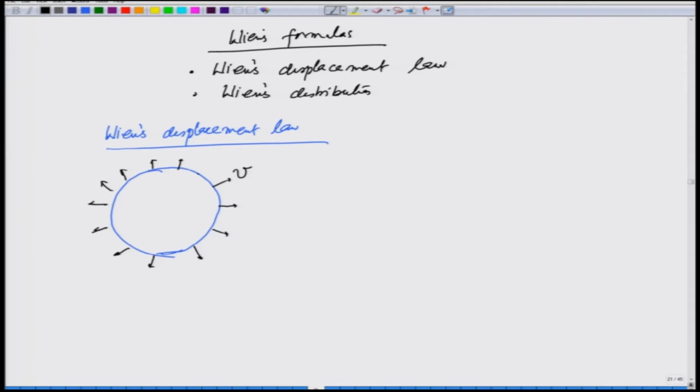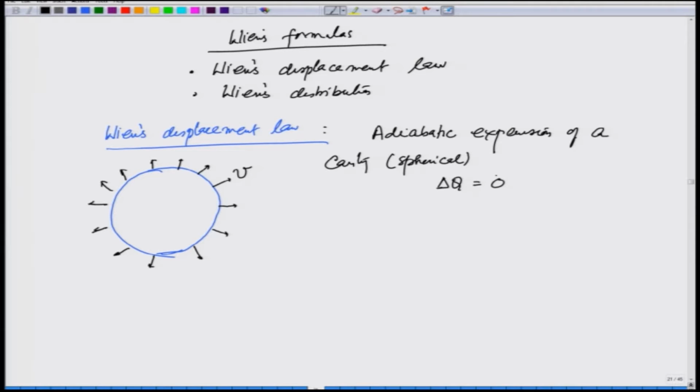So, he considered adiabatic expansion of a spherical cavity. Adiabatic means that delta Q, the heat exchange, was 0 at temperature T.